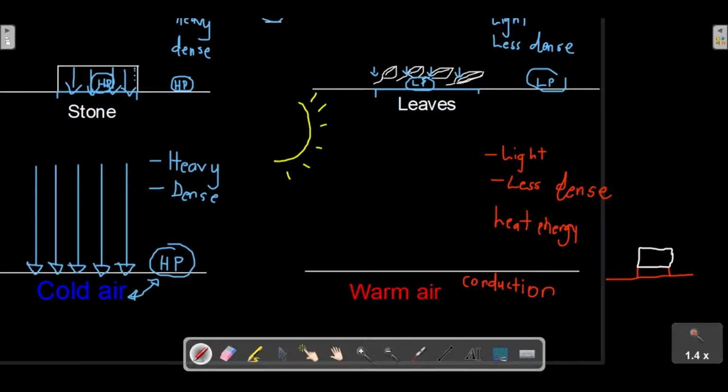The stove heats up, and it transfers that heat energy into that pot via conduction. So it's by touch. That's how the ground heats up the air right above it.